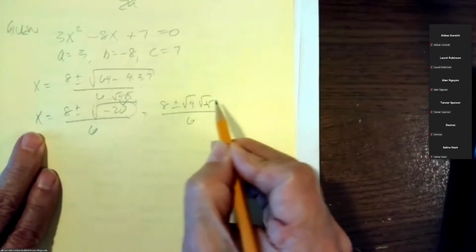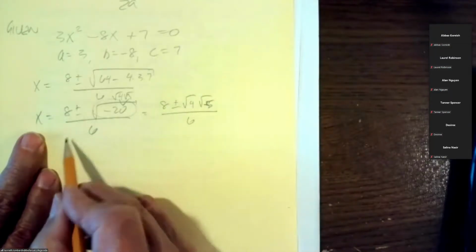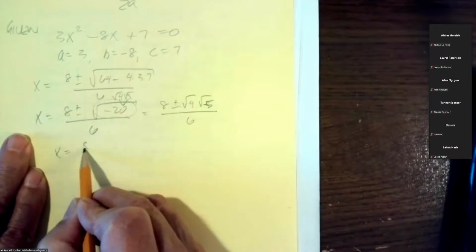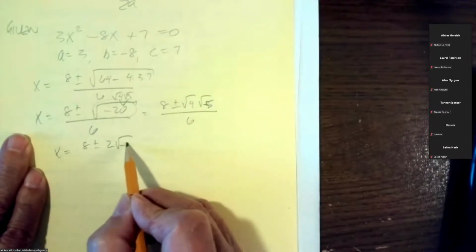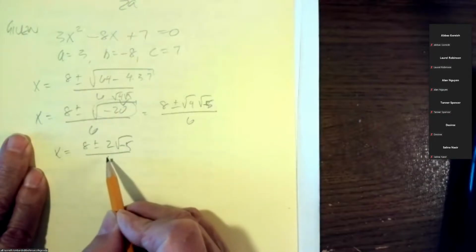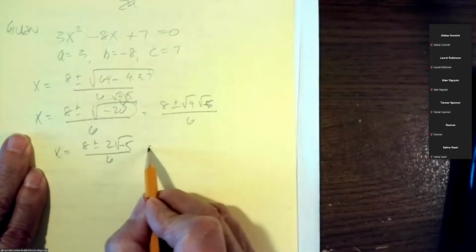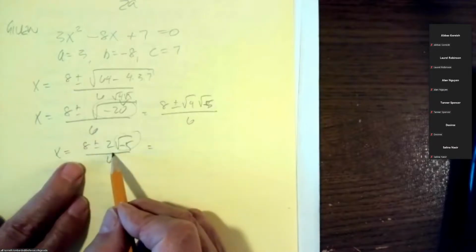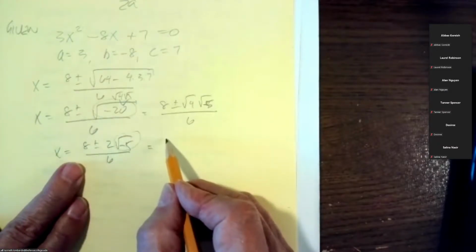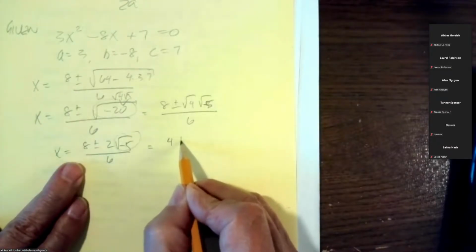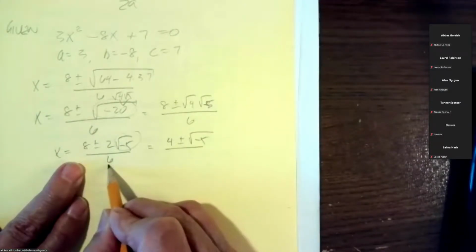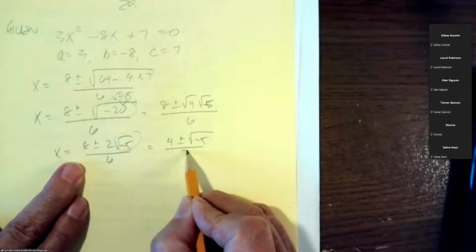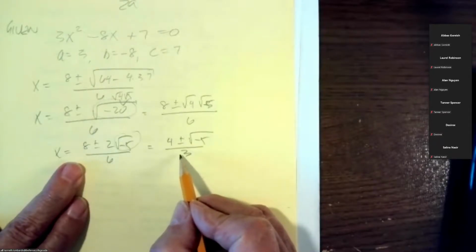So x equals 8 plus or minus root 4, which is 2, root negative 5, all over 6. Before we take on that, we'll divide everything by 2. That should give us 4 plus or minus root negative 5, and dividing 6 by 2, we get 3. You agree with that?